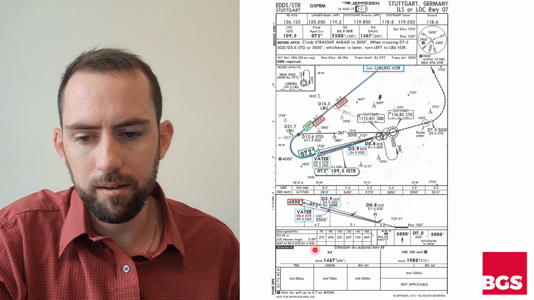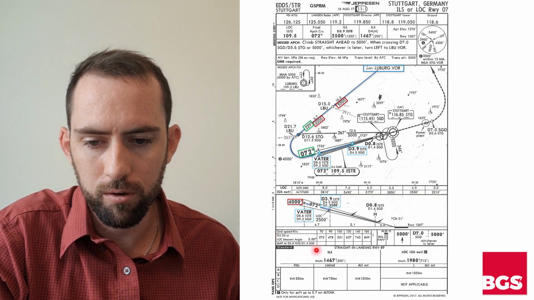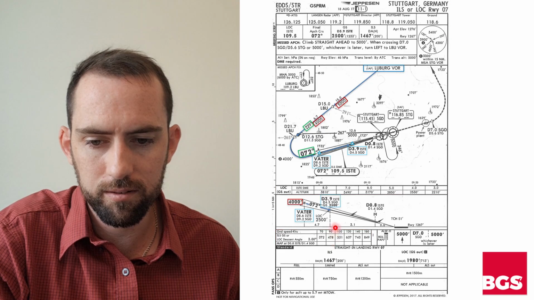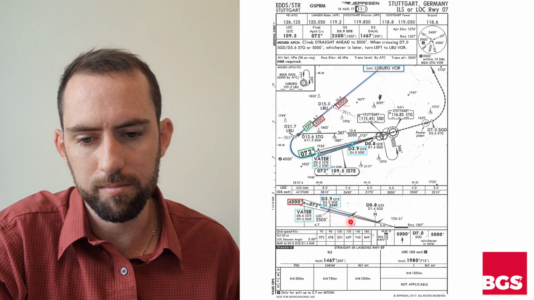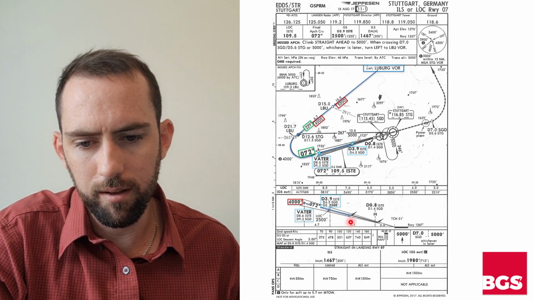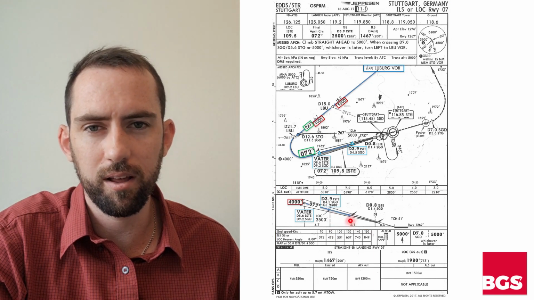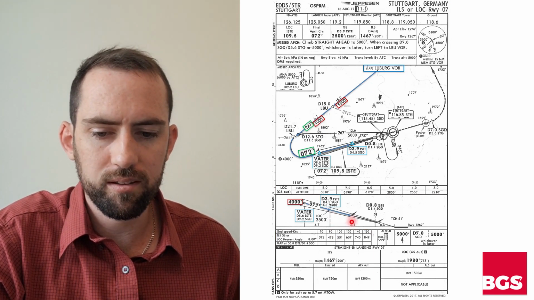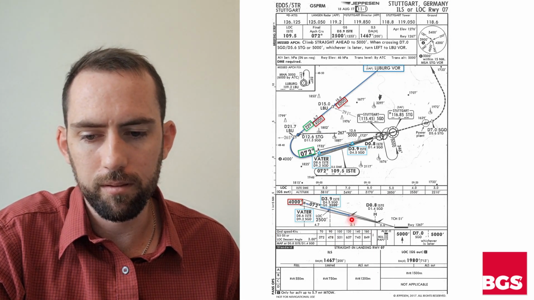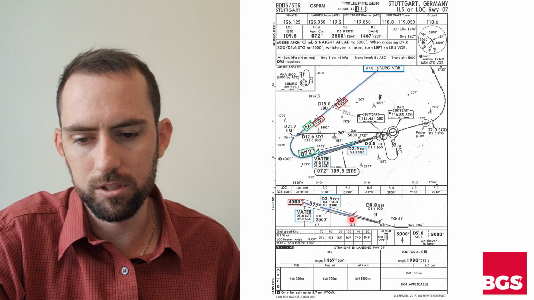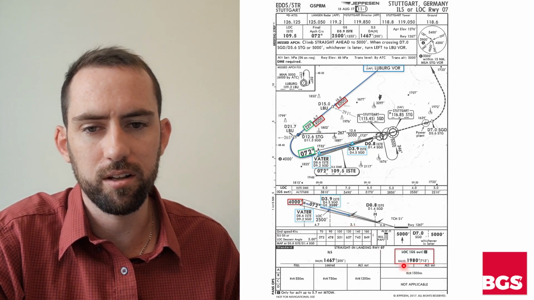So if we are following the right profile for our localizer approach, we would continue downwards like this, and you'll notice at the top here I've also included an arrow at the same time, and that would bring us to this point over here where you can see there's a little upward arrow, and what that's implying is that the aircraft has followed a 3-degree descent path down to its decision altitude.